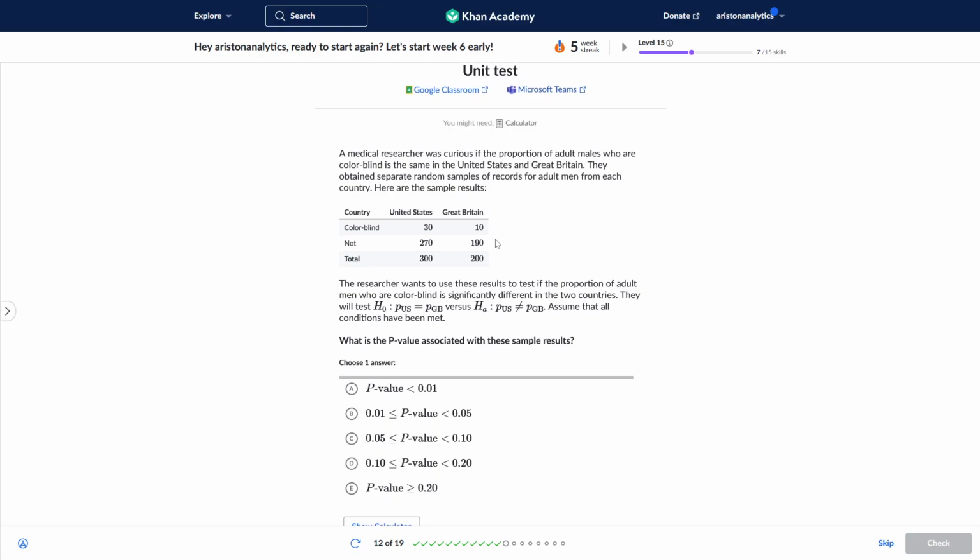What is the p-value associated with these sample results? Okay.